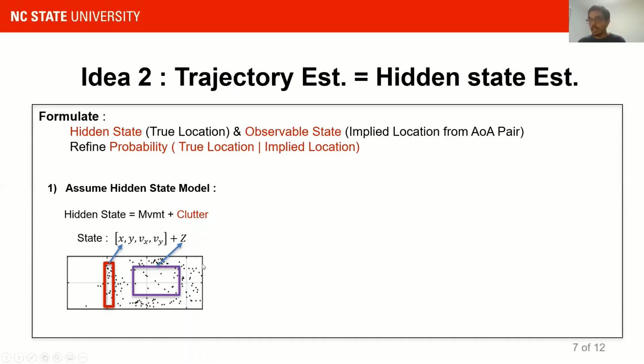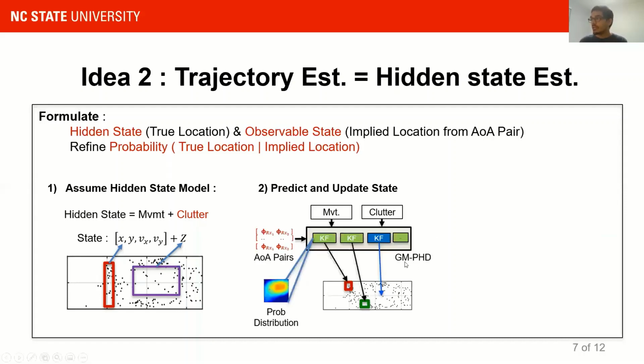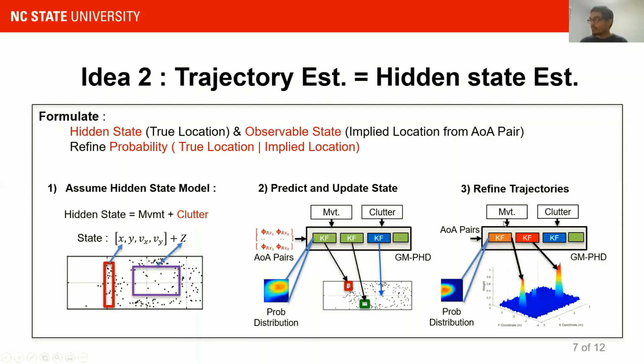By incorporating the clutter, we reduce the chances of having those erroneous merges. Then we use a state-of-the-art filter called a GM-PHD filter, which uses a series of Kalman filters to figure out the probability distribution of a particular point associated with a particular state. Finally, after multiple measurements, the trajectories are refined and the filter can output the locations of the different human targets.